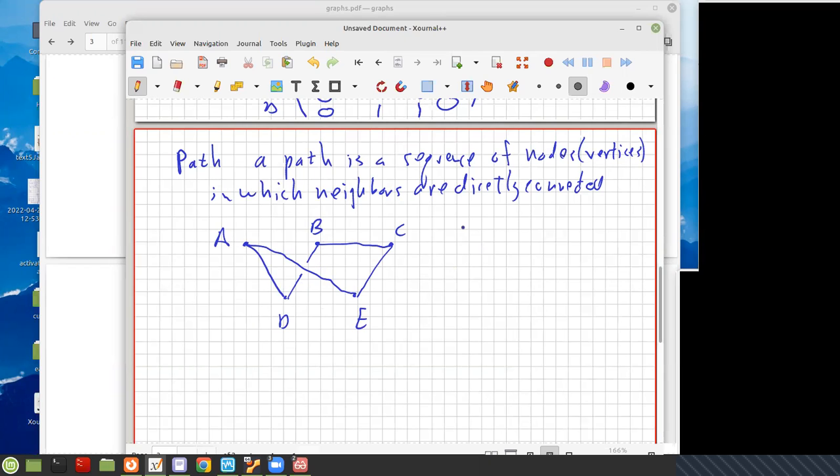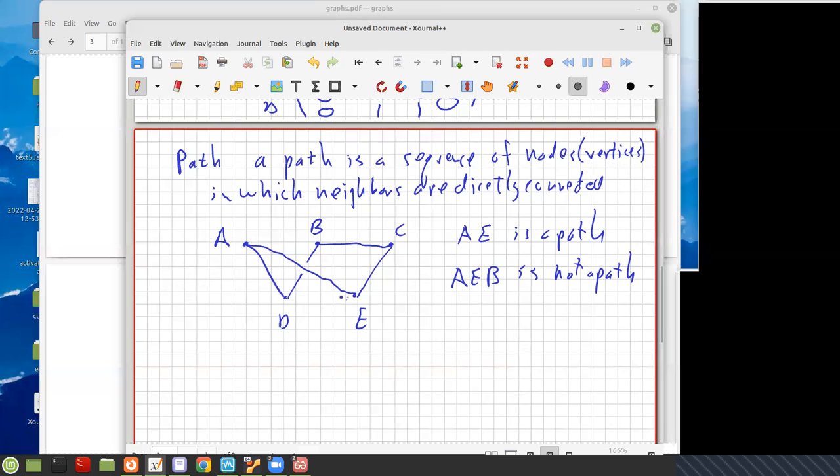So for example, AE is a path, but AEB is not a path because E and B are not connected.